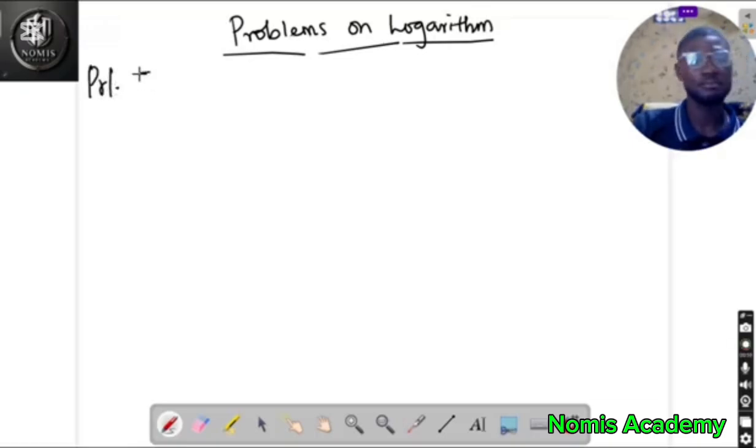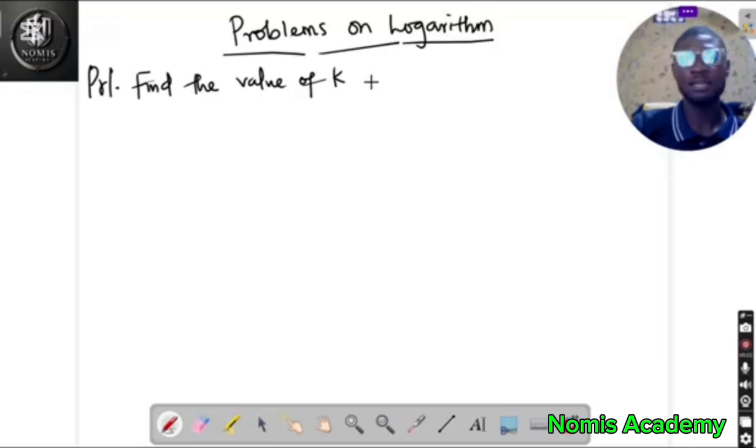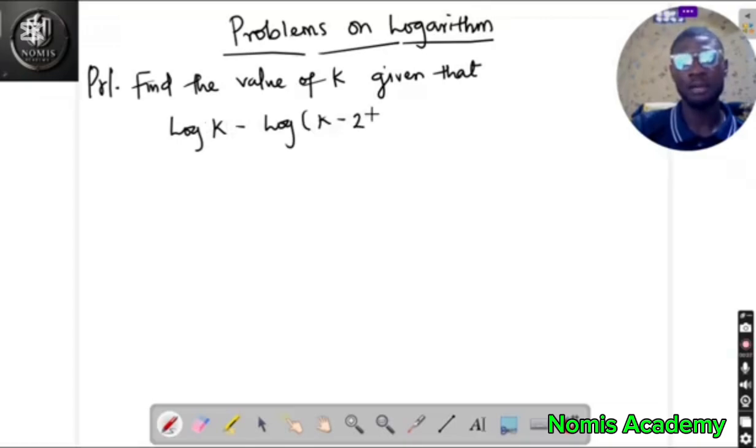The question says, find the value of k given that log k minus log in brackets k minus 2 equals log 5.